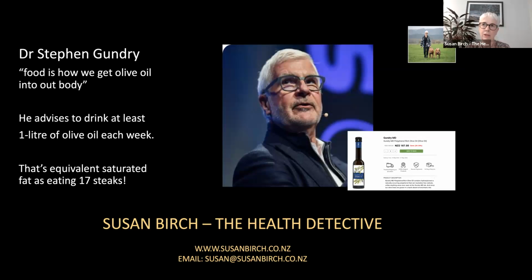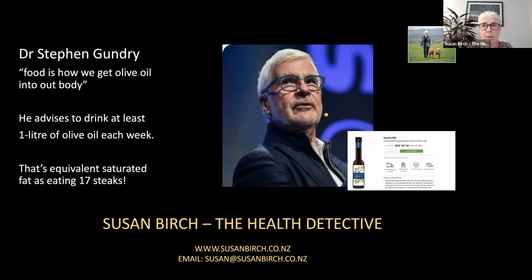I really delved into this a few years ago when my genetic test came back for my risk for Alzheimer's disease. As many of you know, I've got the ApoE4 gene, which puts me at a high risk of getting Alzheimer's disease over the next few years. I really wanted to look at my diet and how I could mitigate that risk.